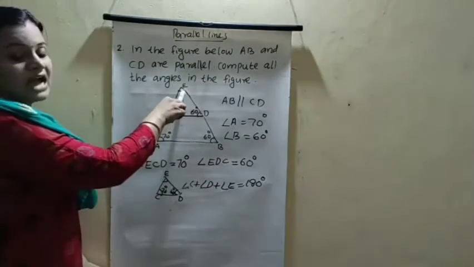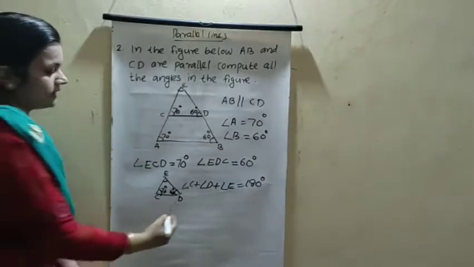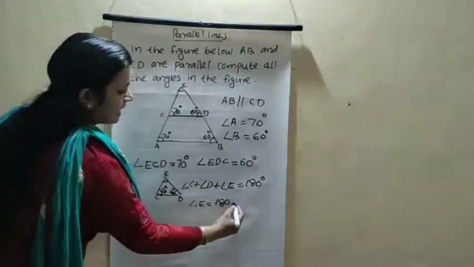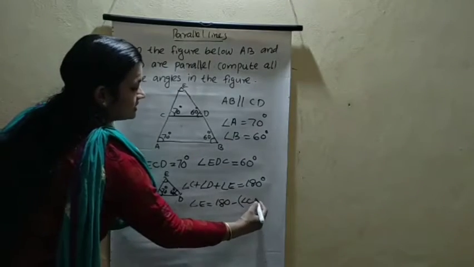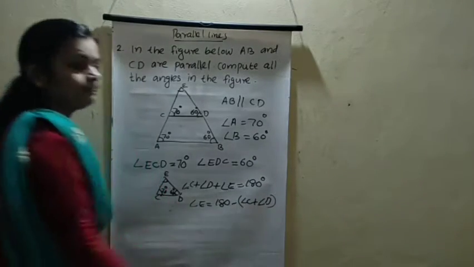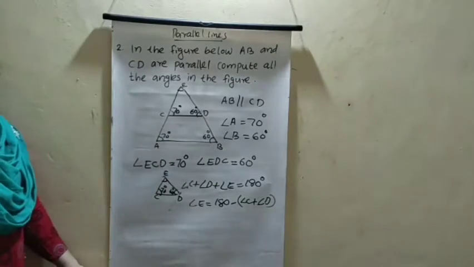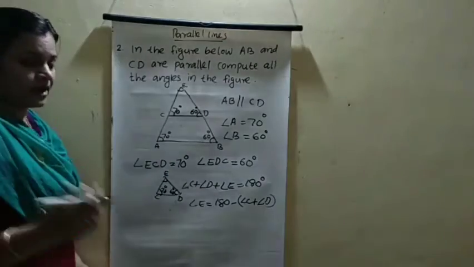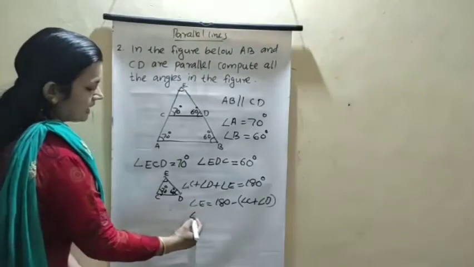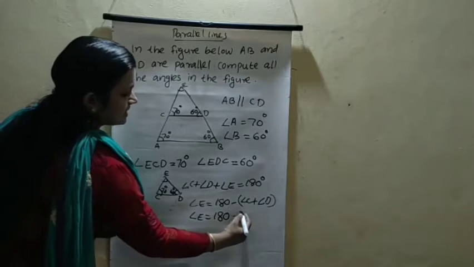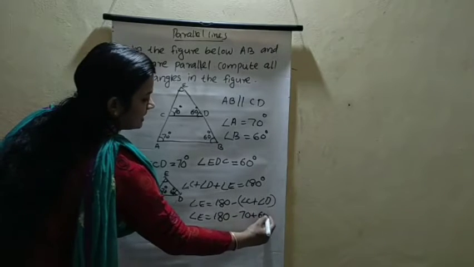We want to find out the angle E. How to find out the angle E? Angle E is equal to 180 minus (angle C plus angle D). Understood? Angle C and D are already given. So we can write angle E is equal to 180 minus (70 plus 60).